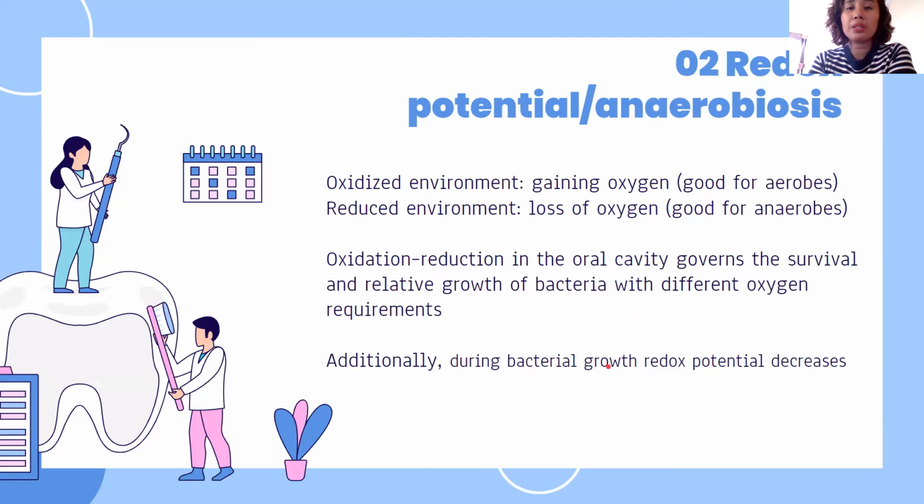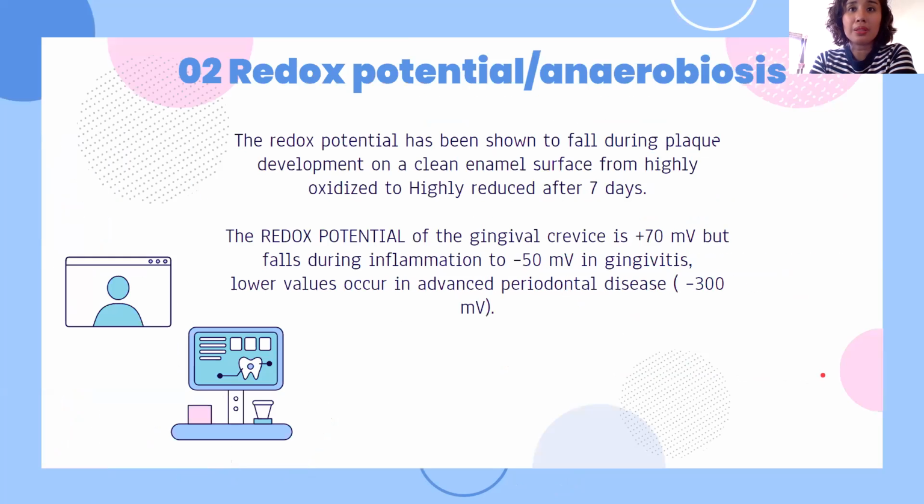Sabi niya, during bacterial growth, redox potential decreases. So tingnan natin, the redox potential of the gingival crevice is normally positive 70 millivolts. But if there is growth of microorganisms and there is inflammation, it becomes negative, around negative 50 millivolts.